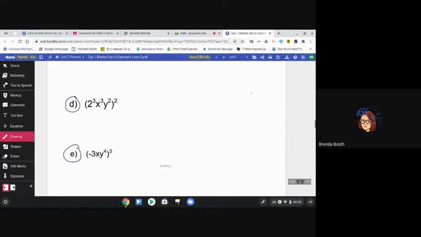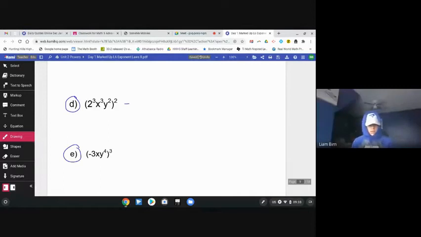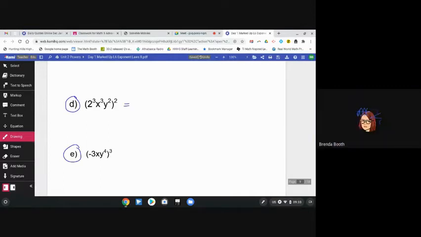So example D, Liam Byrne, tell me what you got here. I didn't get this one. I was really confused. Okay, let's have a look at it. So this is not only power of a power, because you can see we've got these powers that are raised to another exponent, but it is also power of a product, meaning that this 2 on the outside is going to multiply every exponent on the inside.